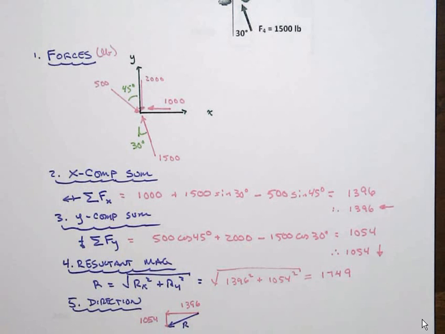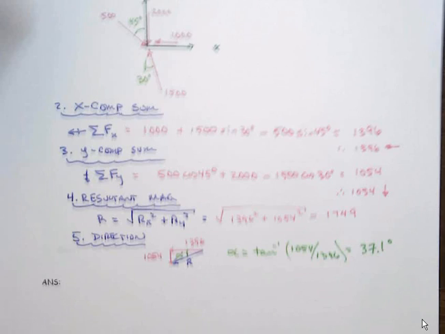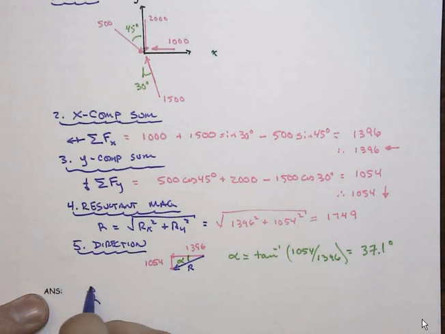Alpha equals inverse tangent of opposite over adjacent, and that will give us an angle that is about 37.1 degrees. So a final answer then, that would be expressed as our resultant of all four forces is going to equal about 1749 or 1750 pounds from the negative x-axis going downwards at 37.1 degrees.